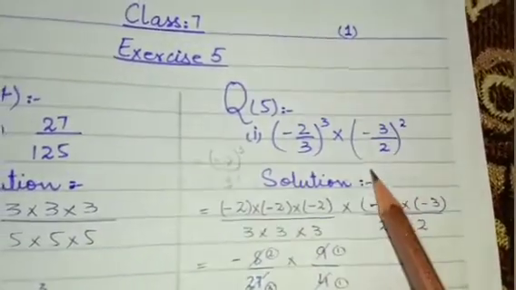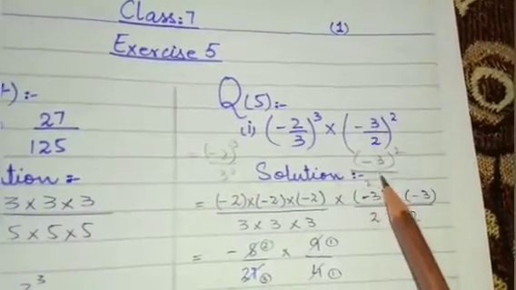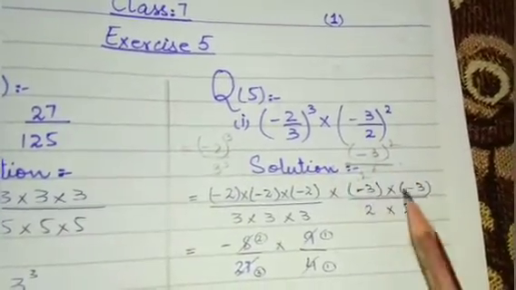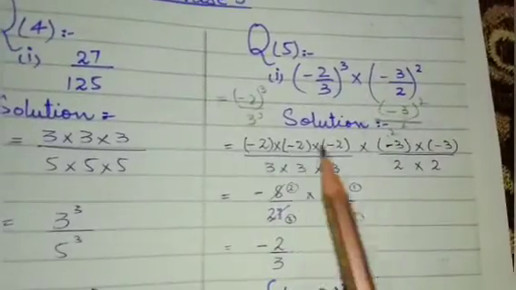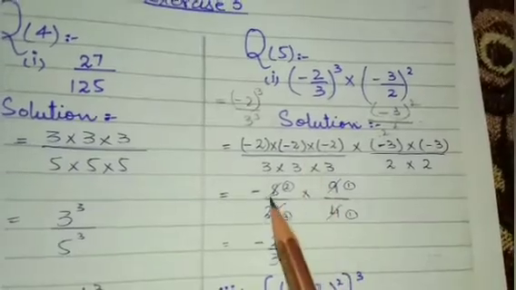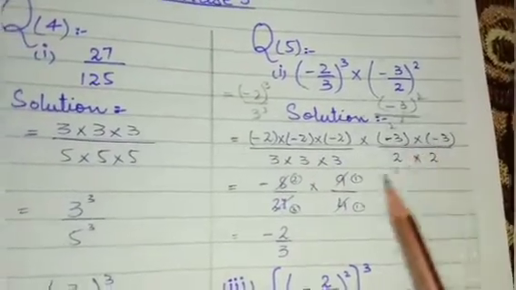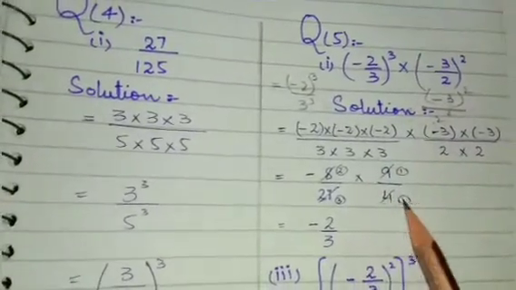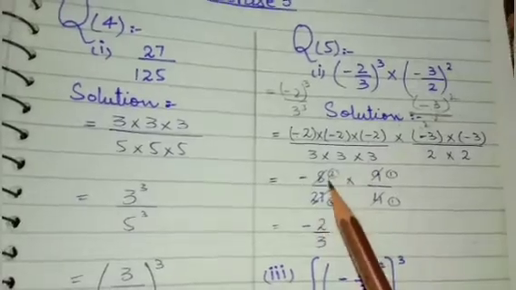And here minus 3 whole square over 2 square, so minus 3 multiplied by minus 3 and 2 multiplied by 2. Now minus minus is plus and plus minus is minus. 2 2s are 4 and 4 2s are 8, 3 3s are 9, 9 3s are 27. Minus minus plus, 3 3s are 9 and 2 2s are 4. 4 1s are 4, 4 2s are 8, 9 1s are 9, 9 3s are 27. So minus 2 over 3 is the answer.